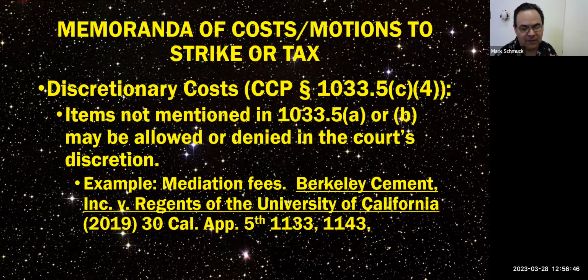For example, mediation fees are expressly within the court's discretion under Berkeley Cement. So, oftentimes you don't talk about, when you're agreeing to mediate, who's going to pay the costs and whether or not they're going to be recoverable as part of a judgment. This takes care of that. It becomes discretionary with the court.